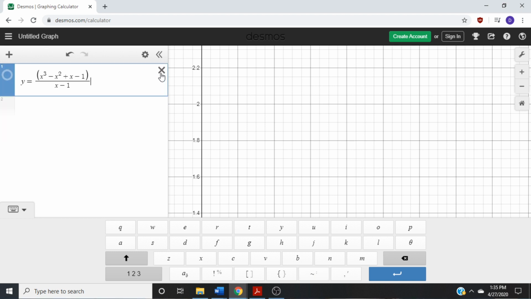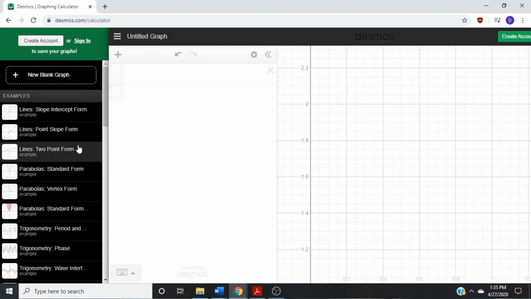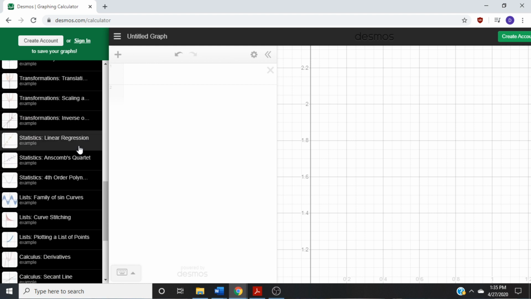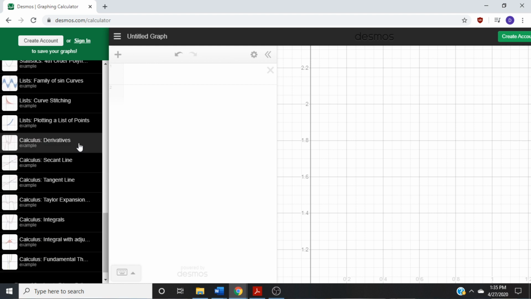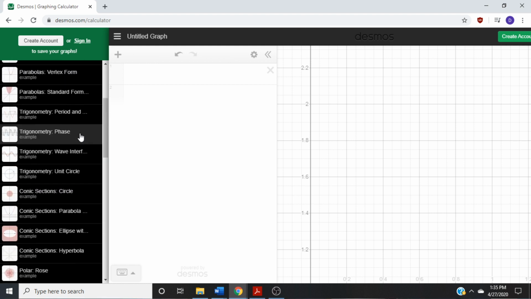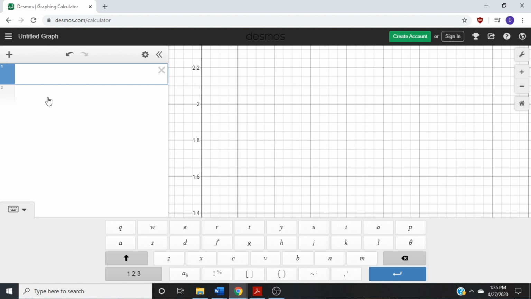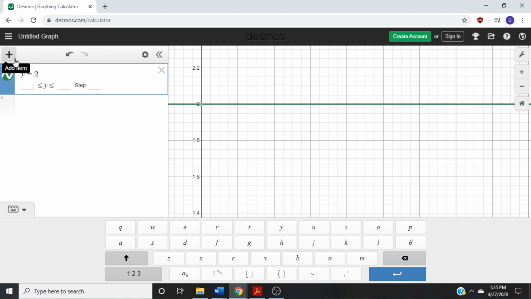Let's see if I can go piecewise in this. I have to find my piecewise function. Well, they don't give me piecewise, so I'm just going to make 2 graphs. Unfortunately, that's how we have to do it. So we have y equals 2 and y equals 0.